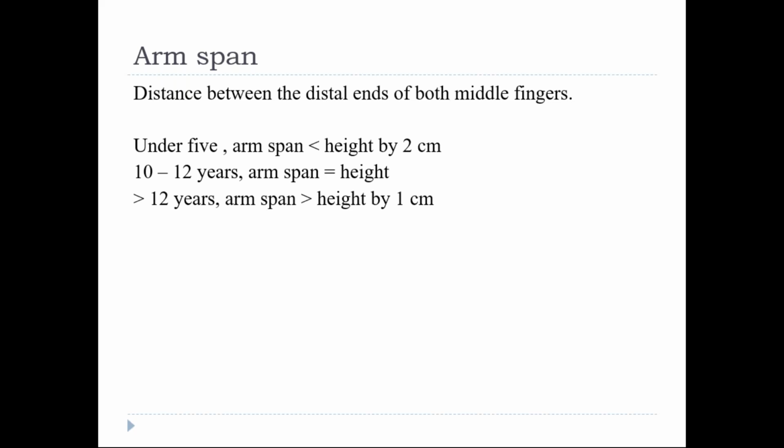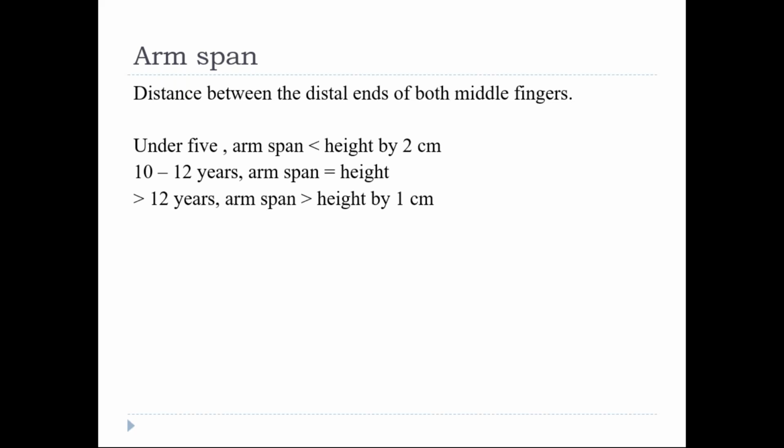Under 5 years, arm span is less than height by 2 centimeters, and gradually it keeps increasing. By 10 to 12 years of age, arm span is equal to height, and after 12 years of age, arm span starts exceeding height by 1 centimeter.